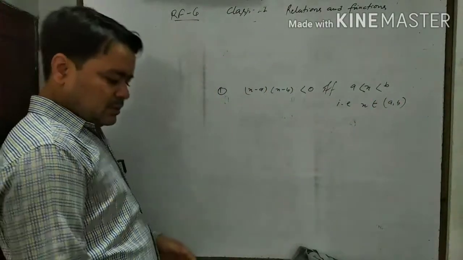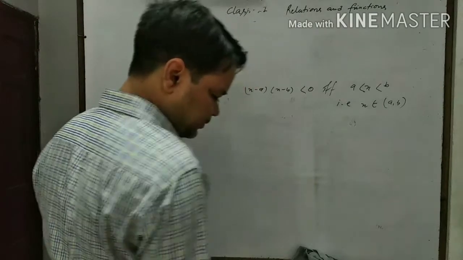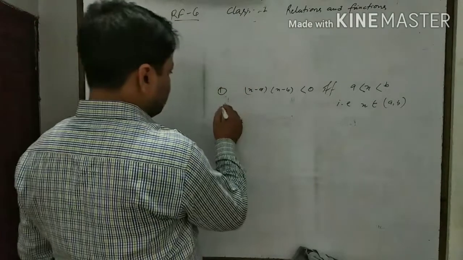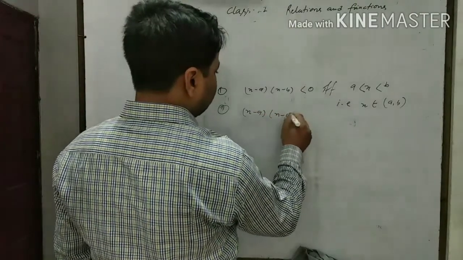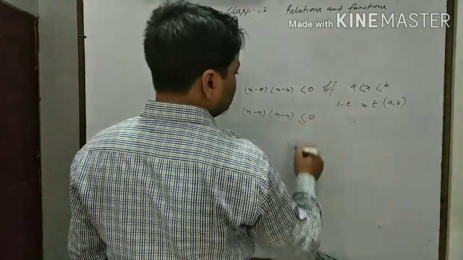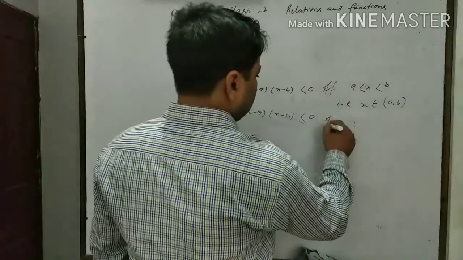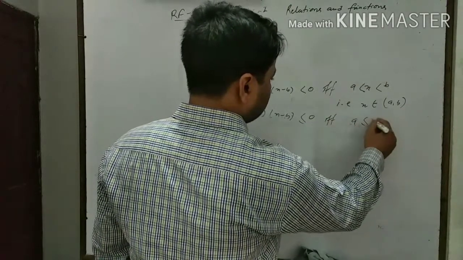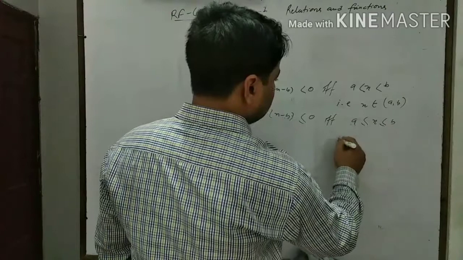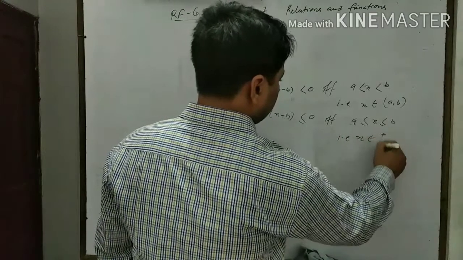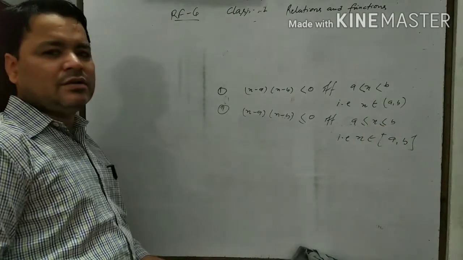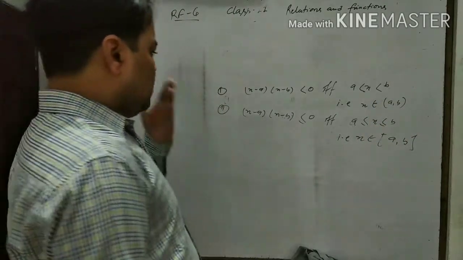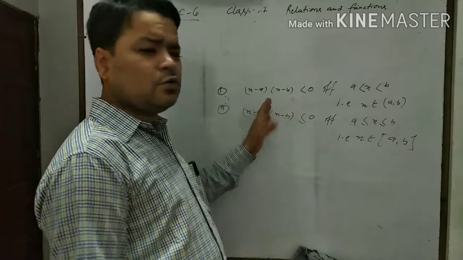Similarly, the second one is what? If (x minus a)(x minus b) is less than or equal to 0, it is only possible if x belongs to the closed interval [a, b]. Don't worry about this.